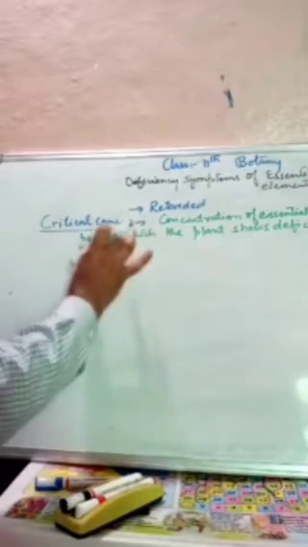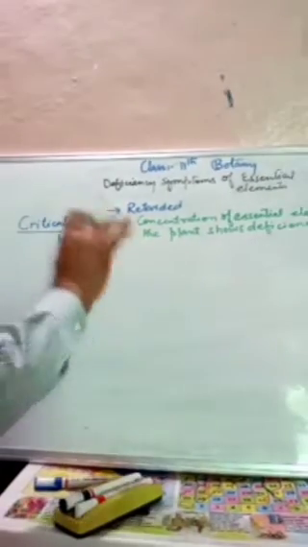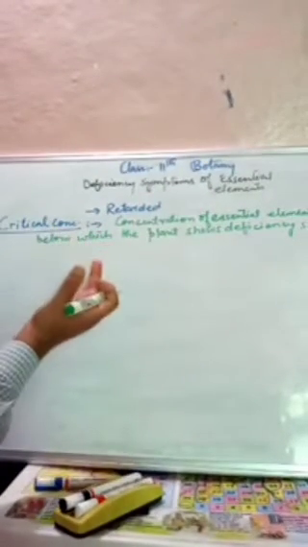That is the minimum amount, the minimum concentration of the essential elements below which we see in the plant that it will start showing these deficiencies.